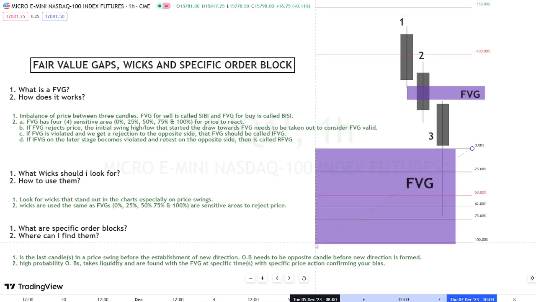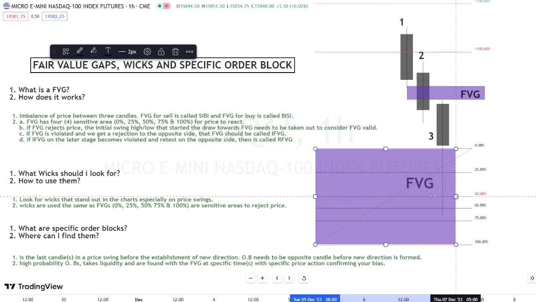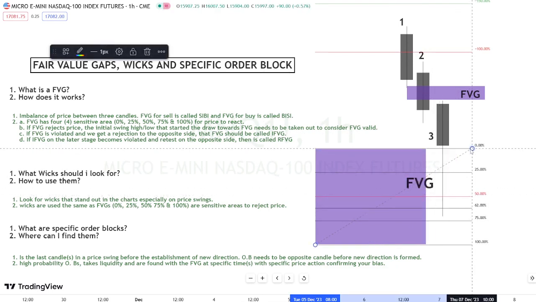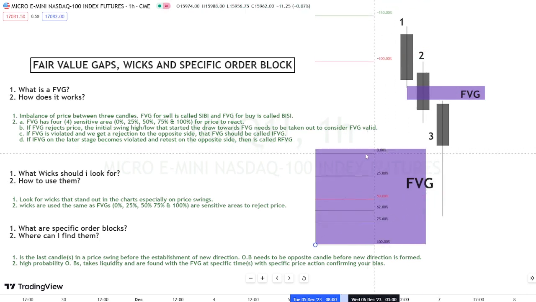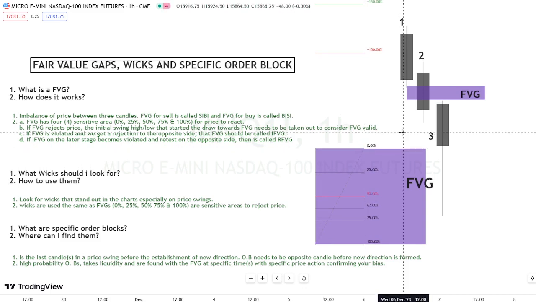Some people might catch this later, guys, but it's going to disturb us when we come to the wick right there because I have to explain the wick. Okay, let me just put it here so that it's understood. We have 0, 25, 50, 75, and 100. Because I mentioned 0 is the reason why I said there are 5. So for price to react, if price comes to this, it will be 25% because we are approaching it from the back.